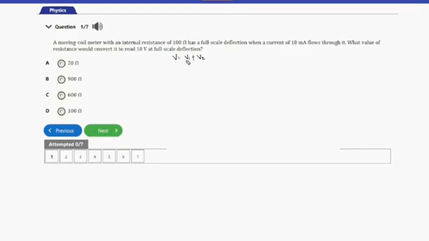So in that case, since V is equal to IR, we'll have that the total voltage V is equal to IR for the moving coil meter plus the IR for the external resistance. The current I is 10 milliamps, which is 10 over 1000, like 0.01.